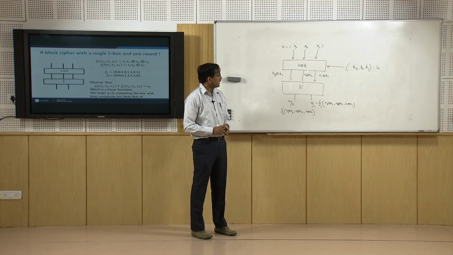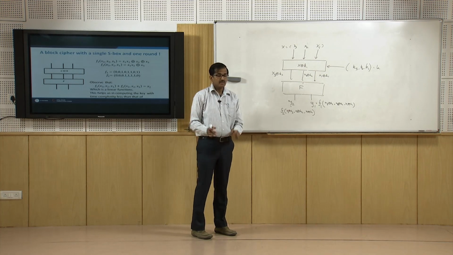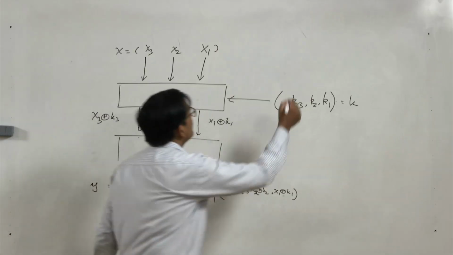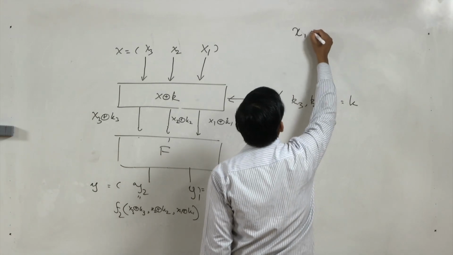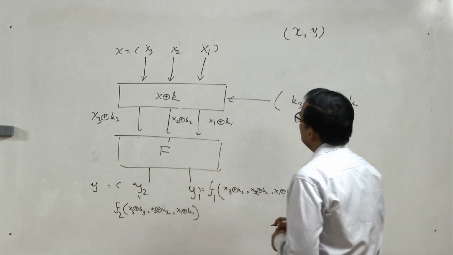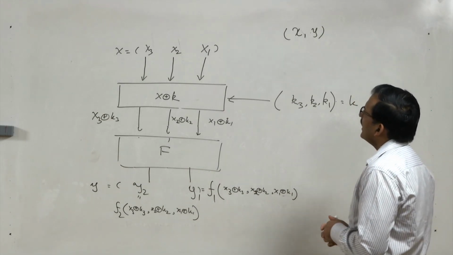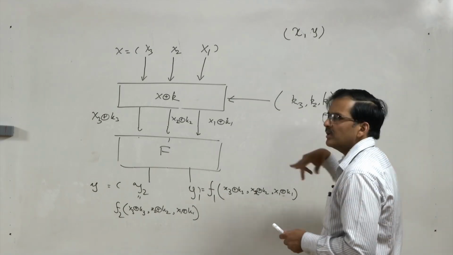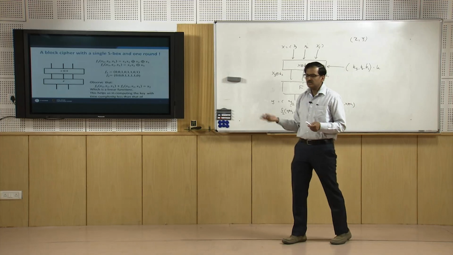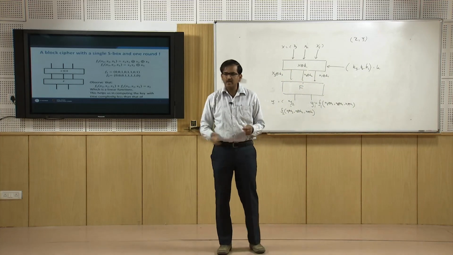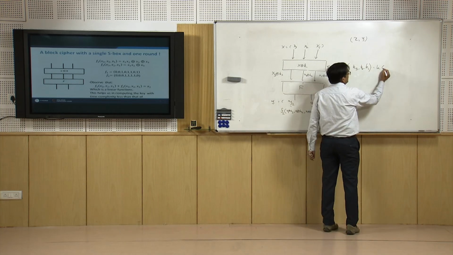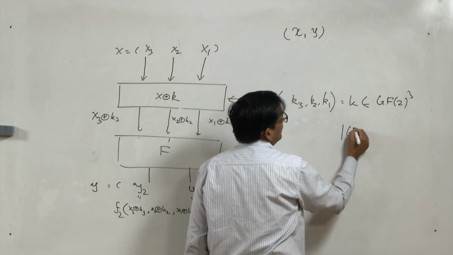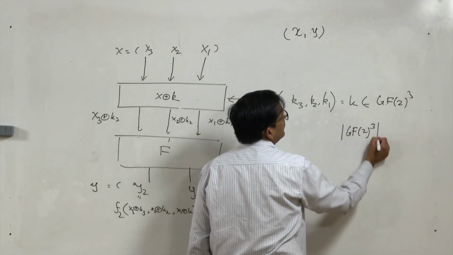Now, suppose I have got a plaintext-ciphertext pair, X comma Y. Then what I can do is vary this K over all possible values, and there are 8 such values, because K is an element of GF(2) to the power 3 and there are 8 bit patterns in it.